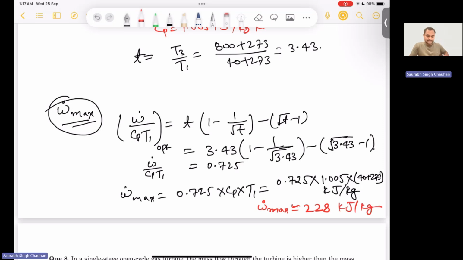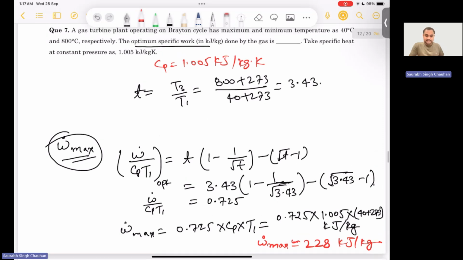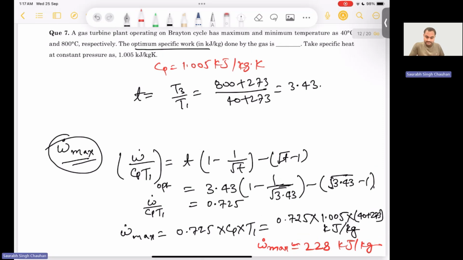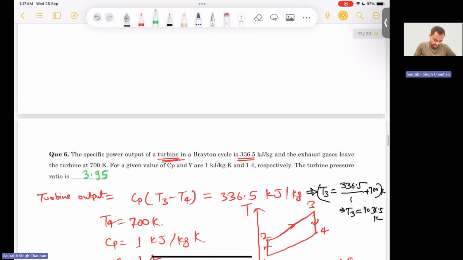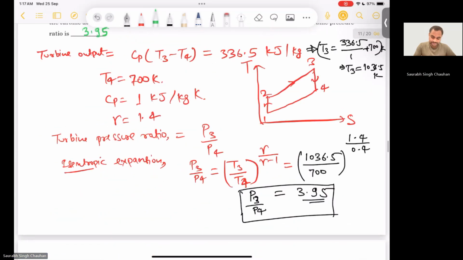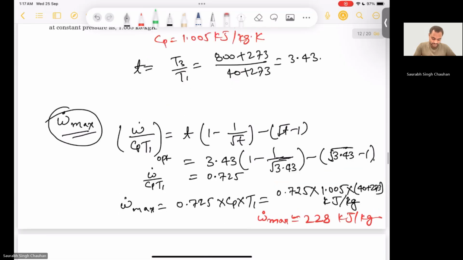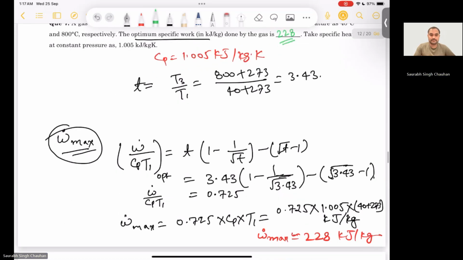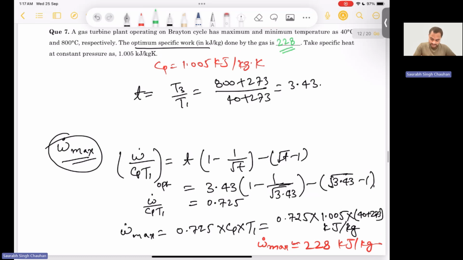Please check this calculation. If you are getting something different, just let me know. So this is our answer, approximately 228. Again, this was a similar question to question number 5. I hope this was an easy question to solve. If there is no doubt, then we will move forward.